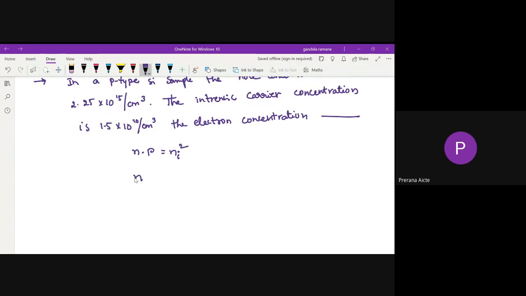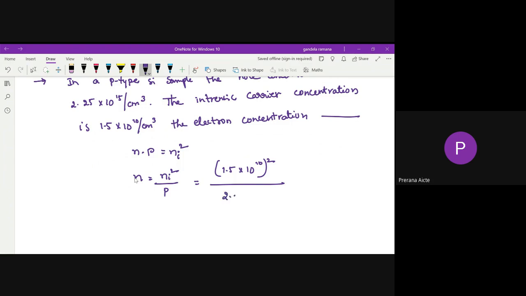So N is equal to the square of the intrinsic concentration upon P. The intrinsic concentration is 1.5 into 10 power 10 per centimeter cube, so 1.5 into 10 power 10 whole square, divided by the hole concentration, 2.25 into 10 power 15.